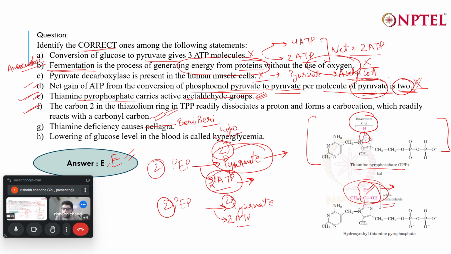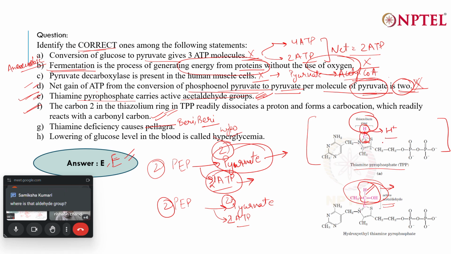Okay, so yes, this is a correct answer. Now, moving to option F, as you can see, this is the second carbon. How does it attach to the active acetaldehyde? This is the explanation. Okay, so first, what happens? This hydrogen from this second carbon is released.